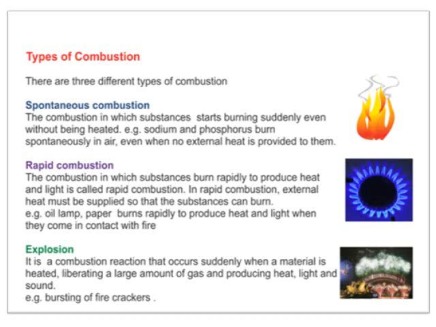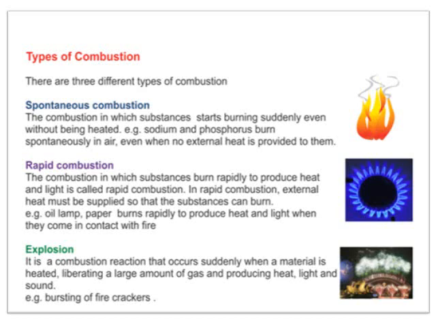Spontaneous combustion: the combustion in which substances start burning suddenly even without being heated is known as spontaneous combustion. Example, sodium and potassium burn spontaneously in air even when no external heat is provided to them.